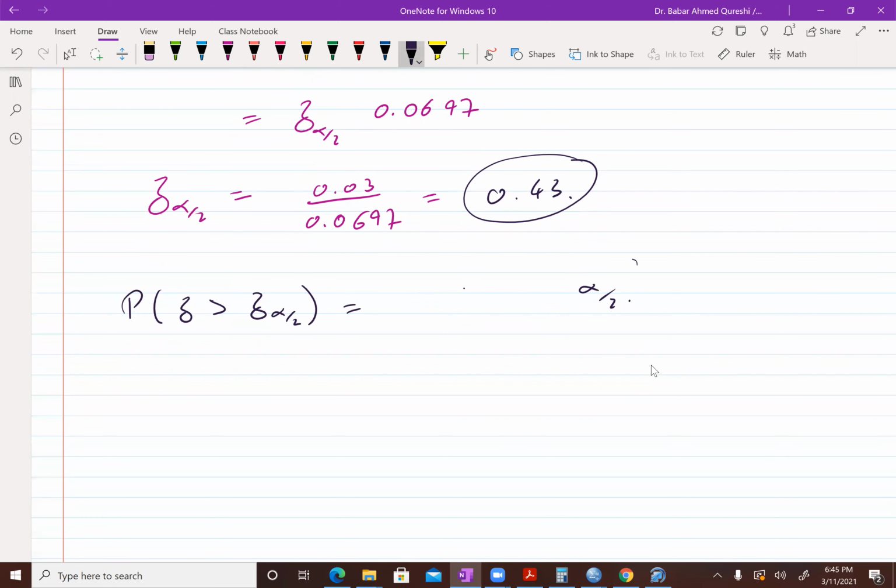And we are interested in this alpha. So probability of Z being less than Z alpha by 2 is 1 minus alpha by 2.